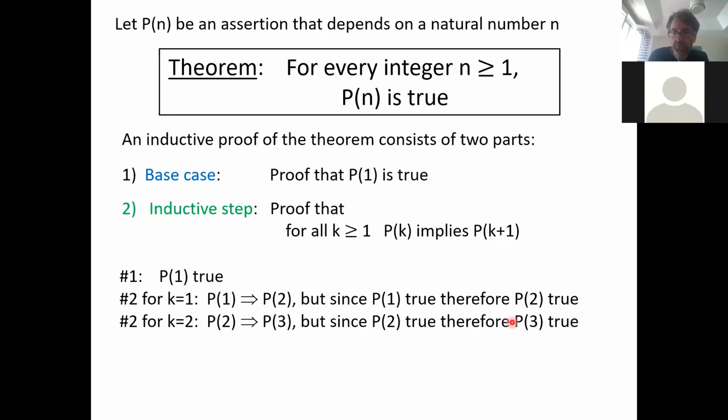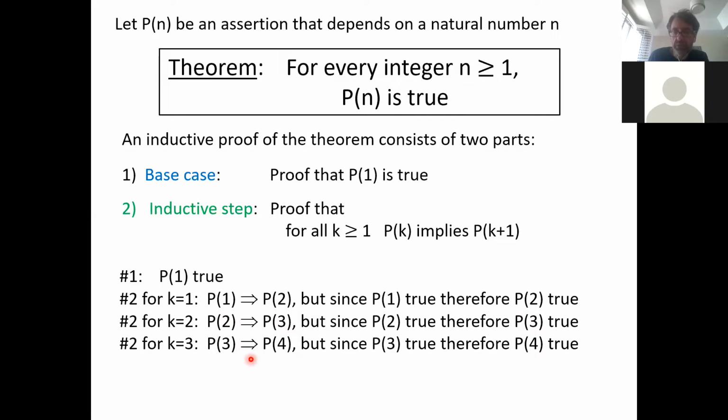So the only world which agrees with the fact that P2 is true and this implication is true is the world in which P3 is true. And so on. You apply the same procedure to prove the statement true for any integer, doing this that many times. So if you want to prove it for 10,000, this proof will have 10,000 steps.